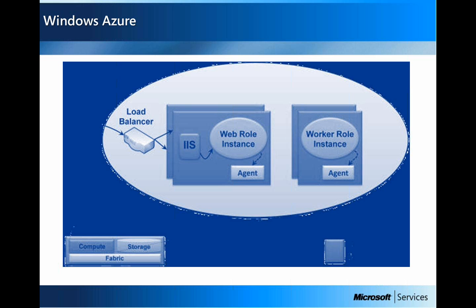Now the VMs you can see on this slide that run both web role and worker role instances also run a Windows Azure agent. You can see the agent here in both the VMs. What is the role of this agent? This agent exposes a relatively simple API that allows an instance to interact with the Windows Azure Fabric. Windows Azure Fabric, as I told you, is the third component of Windows Azure.